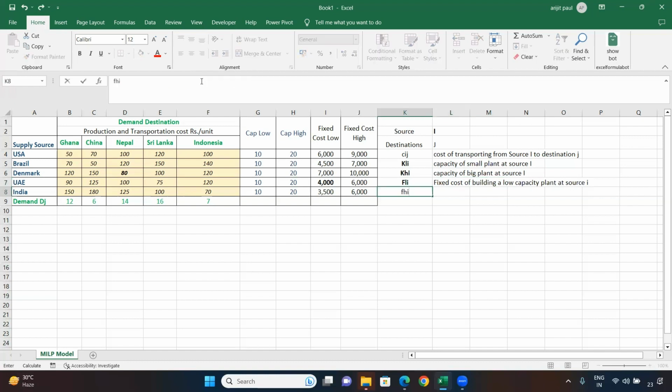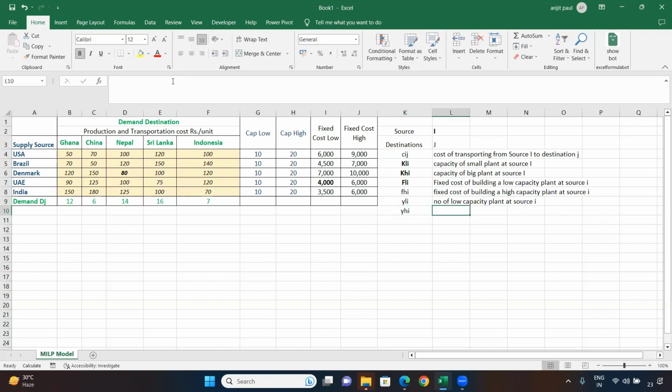Similarly, FHI will represent the fixed cost of a high capacity plant. Now what is YLI? The number of low capacity plants at the source site, and YHI will represent the number of high capacity plants at the source site.